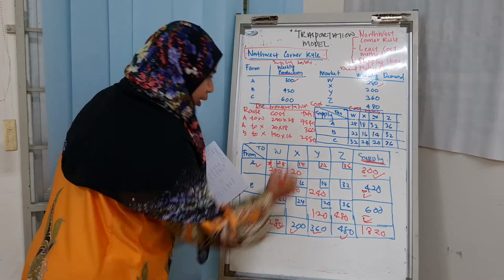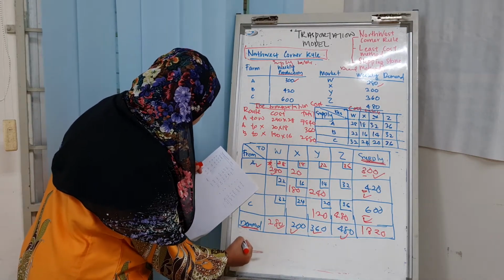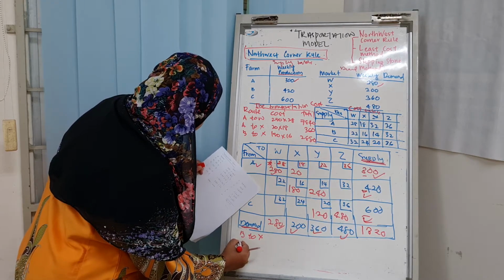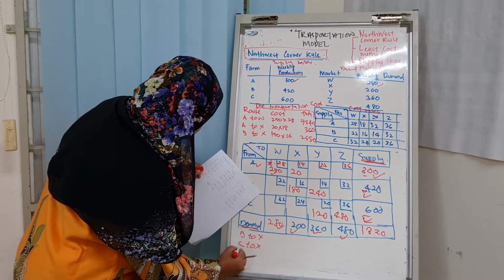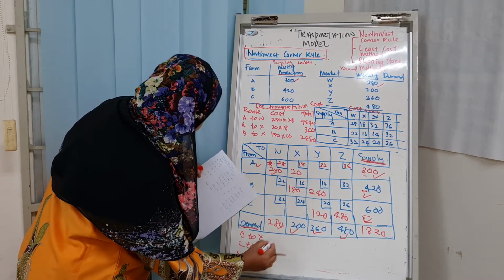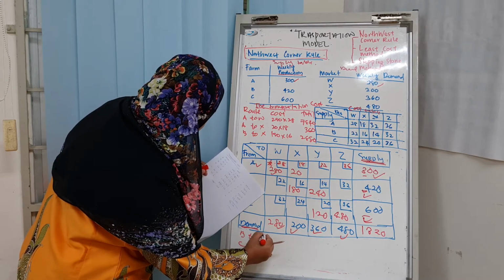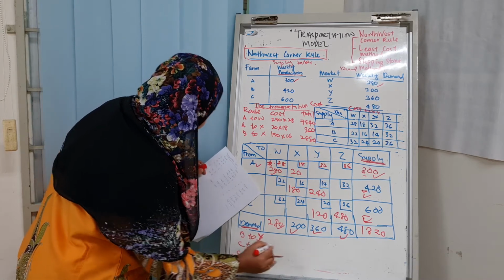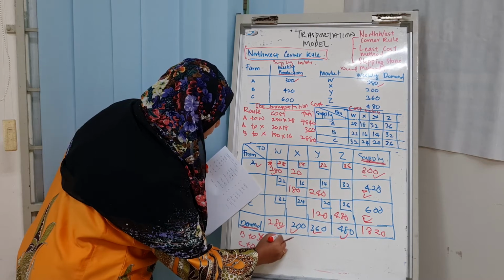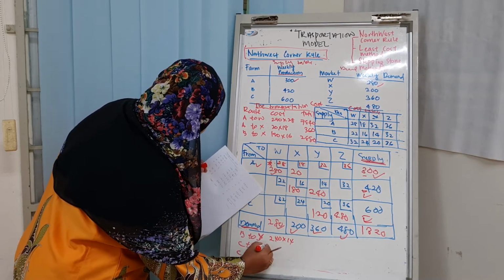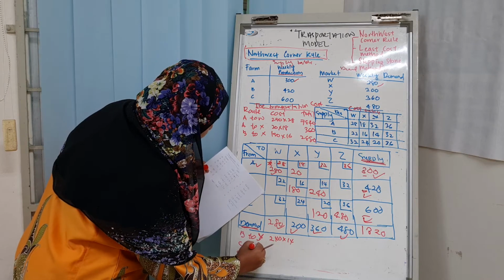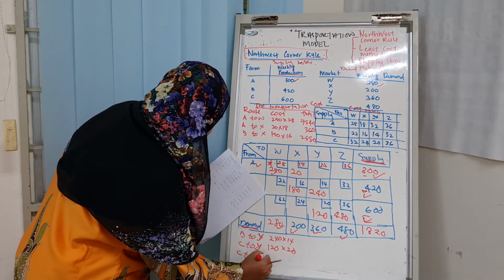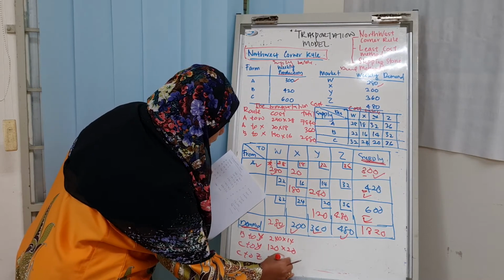So I continue at the bottom. B to X, B to Y, and then C to Y, C to Z. B to Y, 240 times 40, C to Y, 120 times 20, and then 480 times 36.